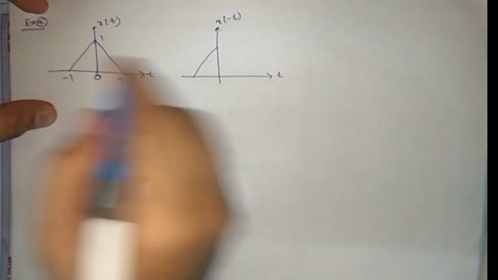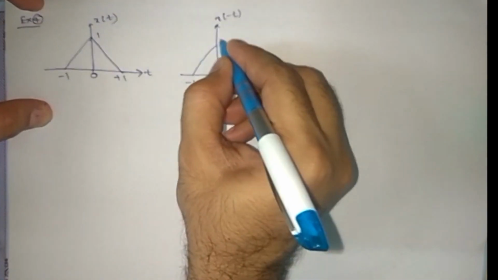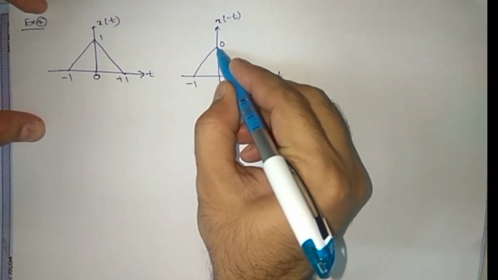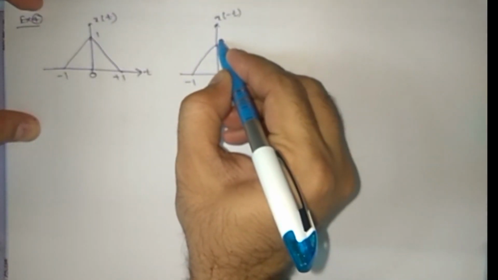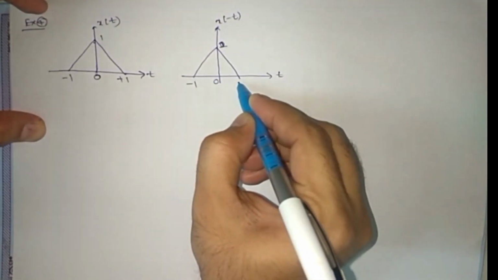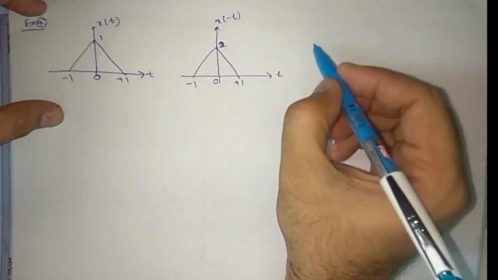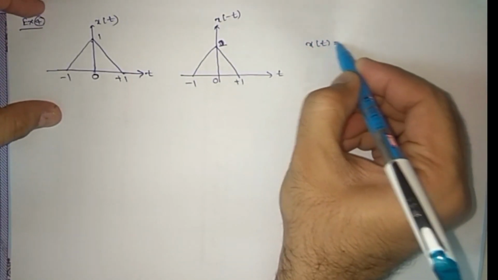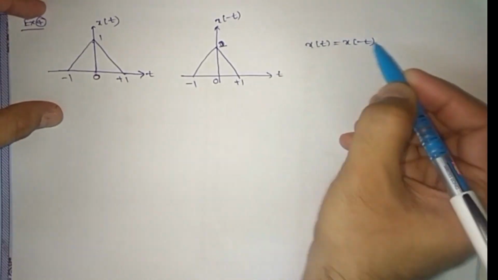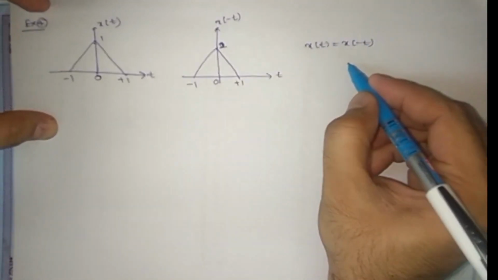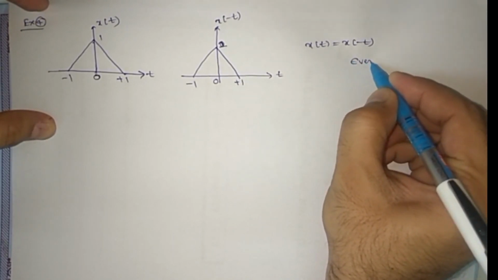Like this, it will come the same, right? And whatever this one is there, you bring this side. So still both are the same. X of t equal to x of minus t. X of minus t equal to x of t, or x of t equal to x of minus t. So this signal is also an even signal.